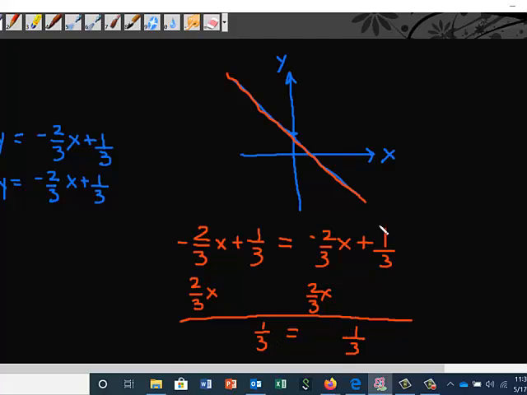So here again, this proves that this system is consistent because it has infinitely many solutions, and the equations are dependent on each other. So that concludes this video.